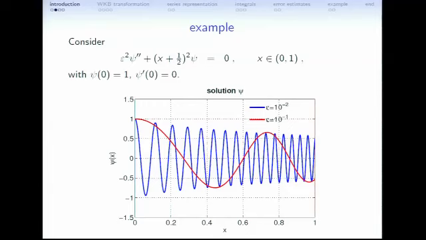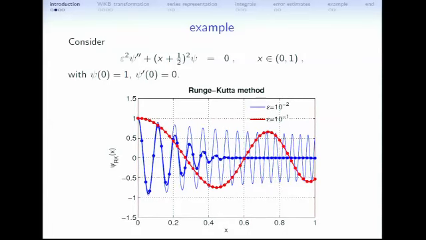What happens if you fix only a grid without concerning the wavelengths? Here I try to solve this equation with the classical Runge-Kutta scheme, which is of fourth order in step size, and you see what happens. For the red line, the dots are the computed solution. The original solution is resolved quite well, but you see that there is something wrong with the blue line.